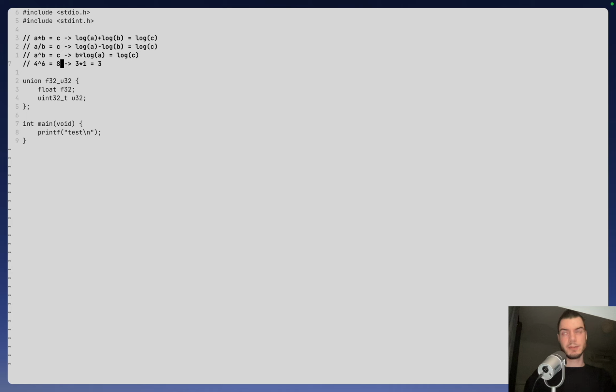So it should be 2 to the power of 12, which is 4096. Is this correct? I'm just going to check my calculator. 4 to the power of 6. Yep, that's correct. Okay, so we have 6 times log base 2 of 4 is 2, and that's 12. 2 to the power of 12.